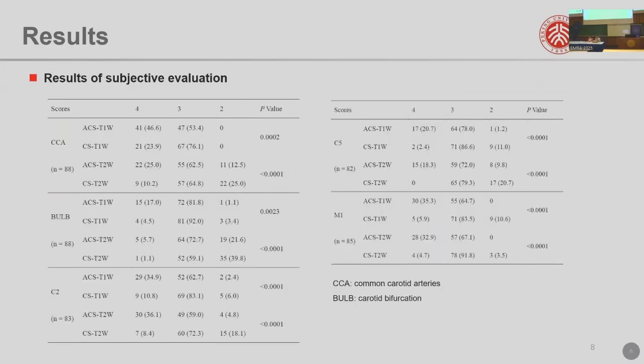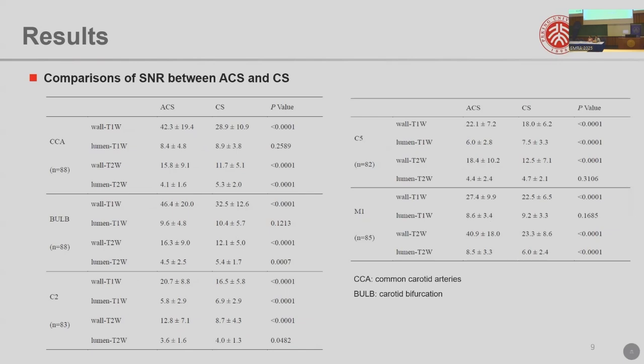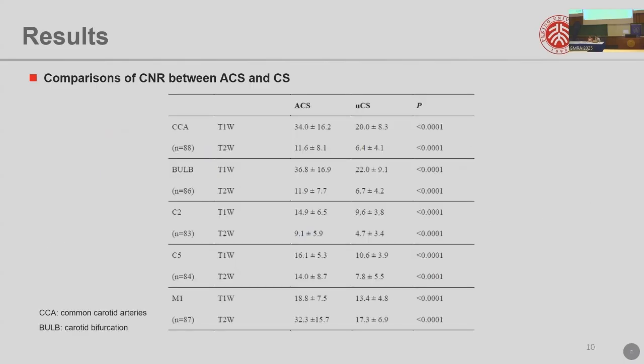There were significant differences in the subjective image quality ratings between ACS and CS T1, T2 weighted images. The wall SNR of T1, T2 weighted images showed significant difference, while part of lumen SNR exhibited no difference in all 5 segments.